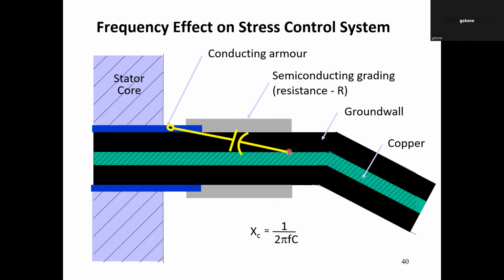What we found is the current is basically capacitively shunted directly to the semicon layer, which might be a few hundred or a few thousand ohms per square, and then we get a lot of heating here. Okay, so you have a huge current then flowing right directly here. Remember, the current doesn't want to go through a high impedance path. It goes through the lowest impedance path, and it creates a lot of heating here.